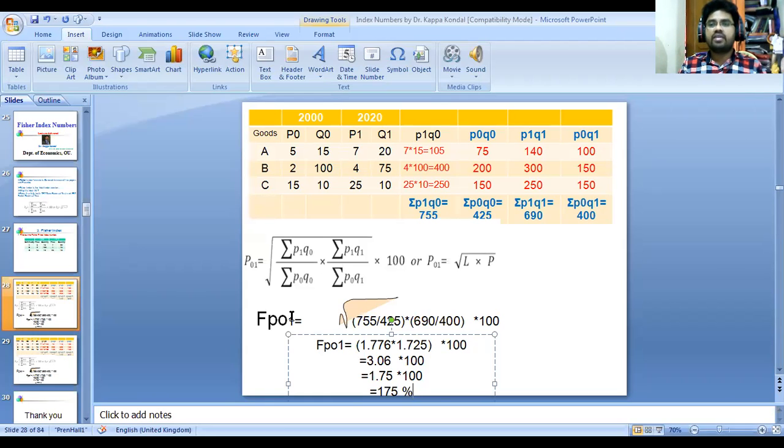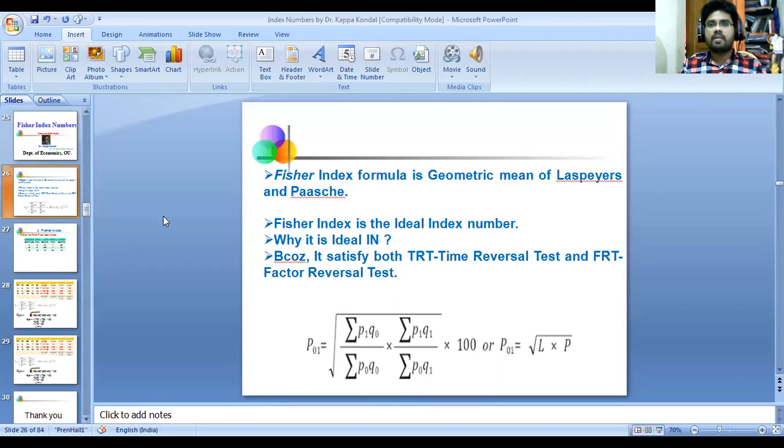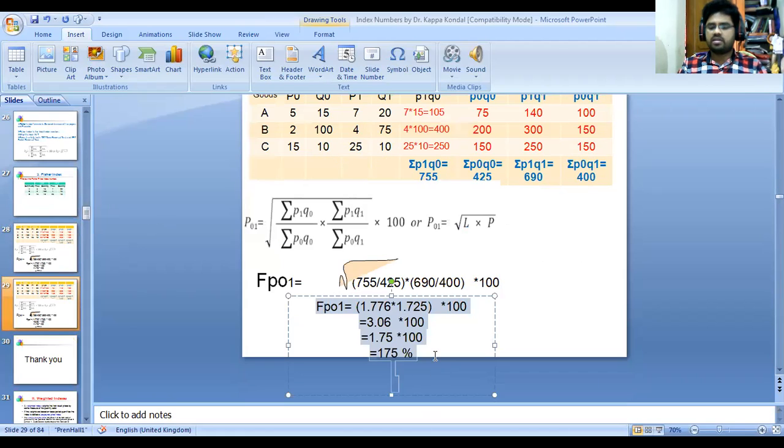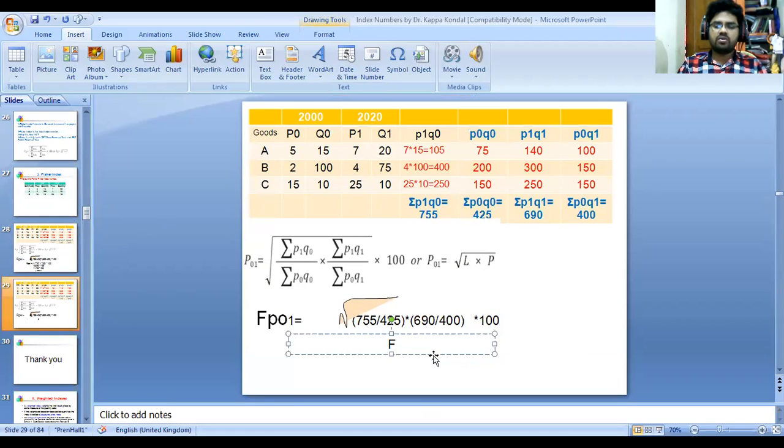So when you take into account these two values, for example, I'm going to show that the Fisher index is equal to 175%, right? Okay. Then Laspeyres is equal to 177.6%. Then Paasche index 172.5%.